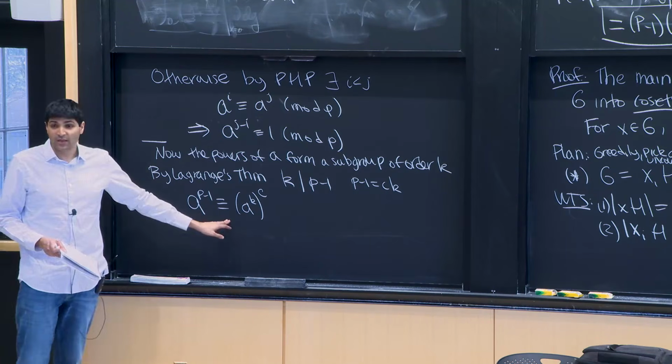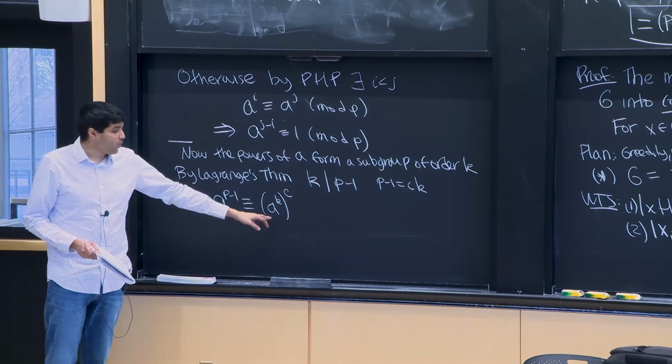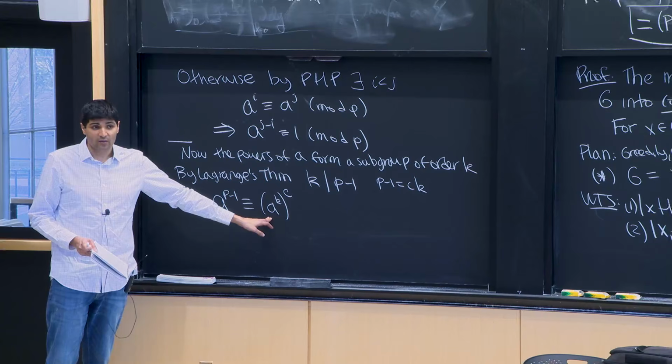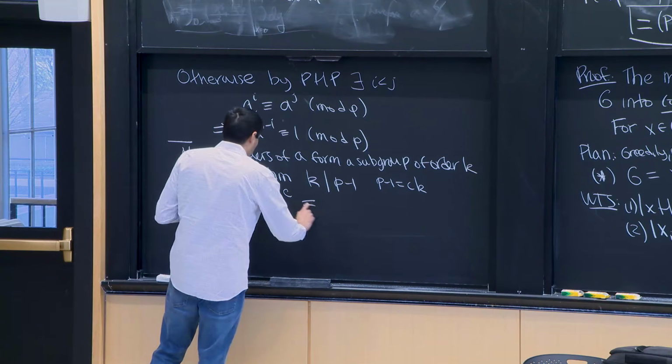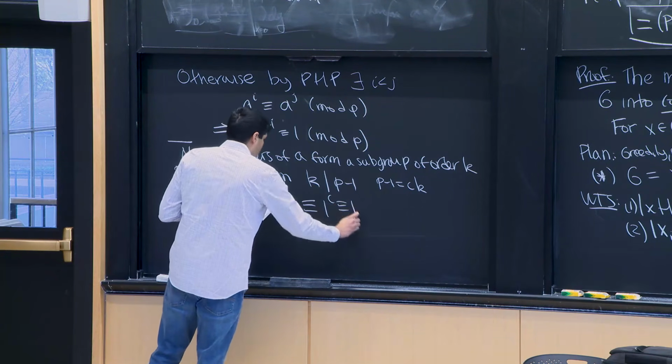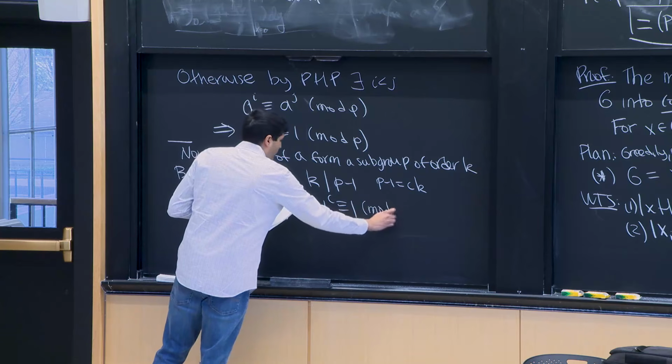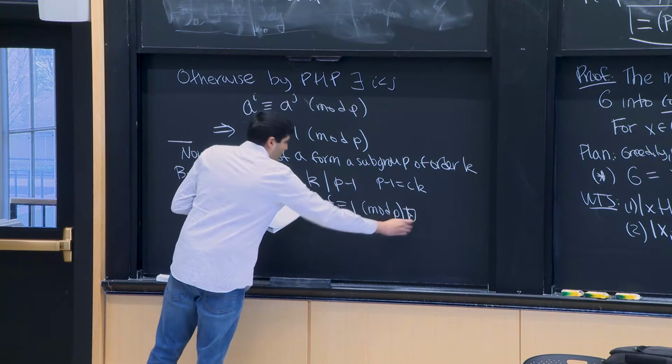So I'm just rewriting it in a different way. And now what do I know about a to the k? What is it congruent to, mod p? It's congruent to 1. So this is the same thing as raising 1 to the power c, which is the same thing as 1. So that's the proof.